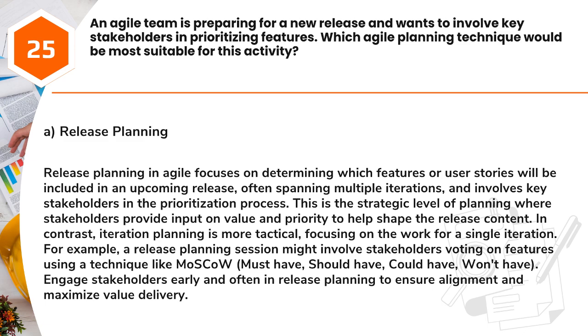In contrast, iteration planning is more tactical, focusing on the work for a single iteration. For example, a release planning session might involve stakeholders voting on features using a technique like MoSCoW: must have, should have, could have, won't have. Engage stakeholders early and often in release planning to ensure alignment and maximize value delivery.